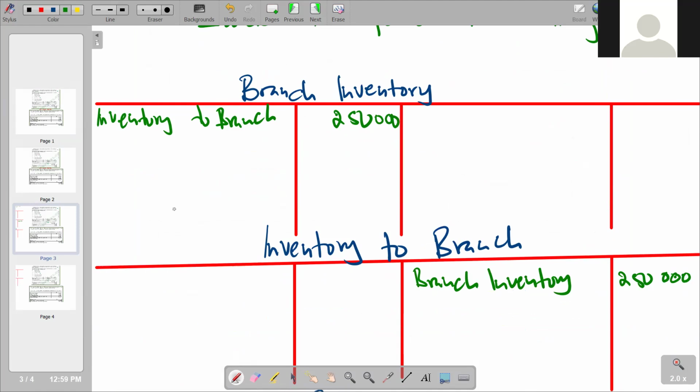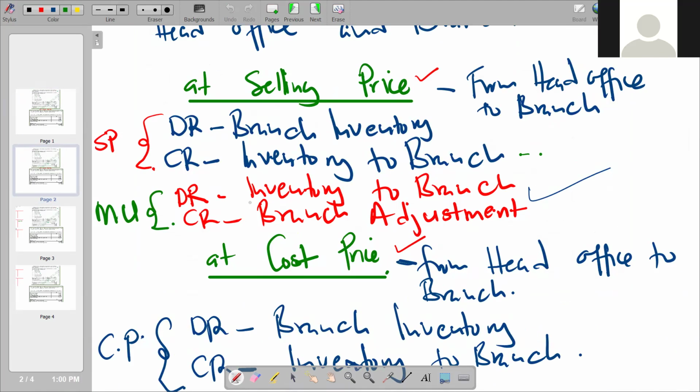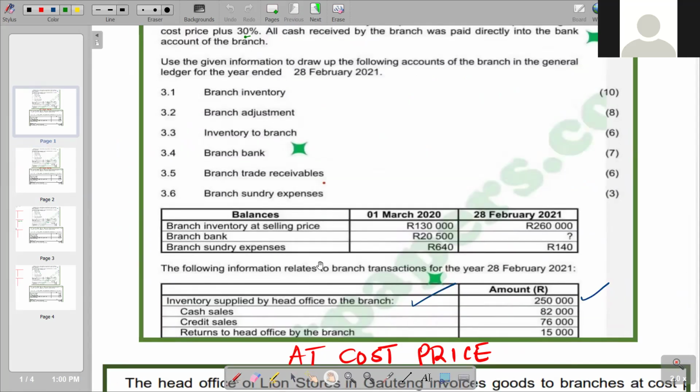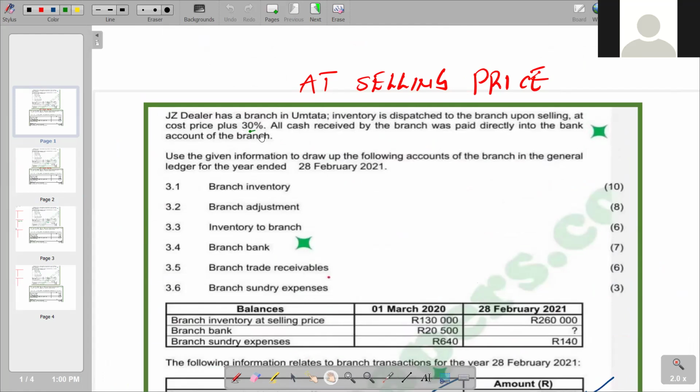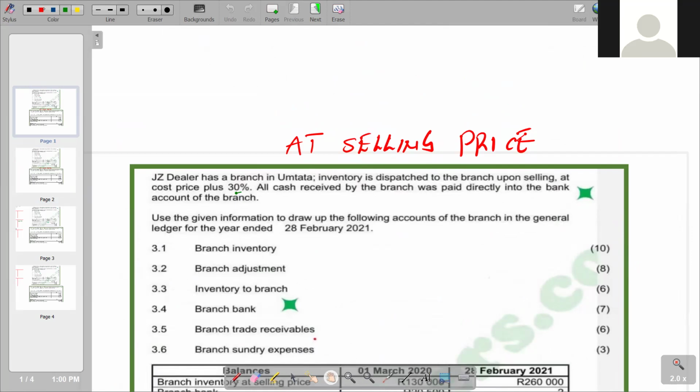But we also have to calculate the markup. Remember, we've got the second double entry that we have to debit inventory to branch and credit branch adjustment when it's at selling price using the markup value. So in this case, we are told that they are being transferred at cost plus markup, the markup being 30%. So we are having 100 representing cost. This is our cost price plus our markup to get your selling price.